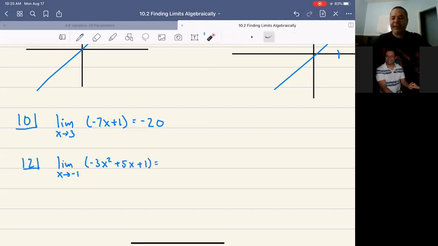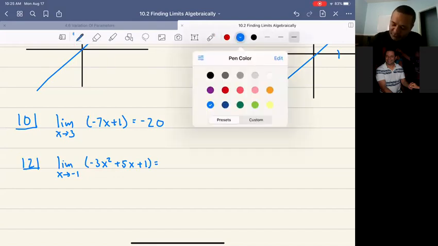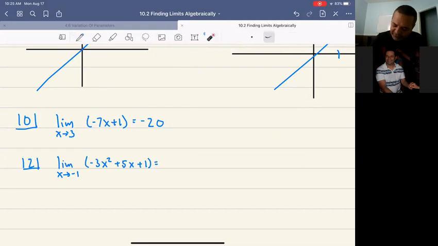Again, there's nothing crazy going on here. So that's just going to equal, I'm going to plug negative 1 in. What do I get? Negative 3 minus 5 is negative 8, plus 1 is negative 7.